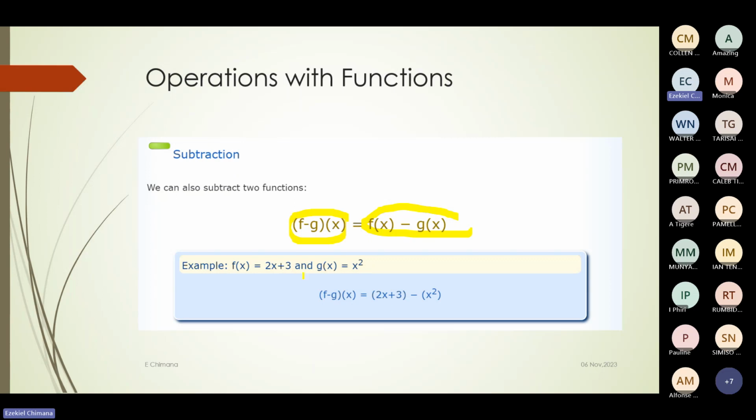So what you just need is to subtract: 2x plus 3 minus x squared. And then you know what to do. You subtract the like terms, and what you get is 2x plus 3 minus x squared, or just minus x squared plus 2x plus 3. It's just the same.